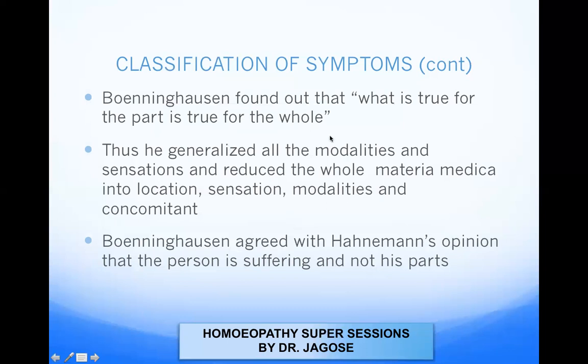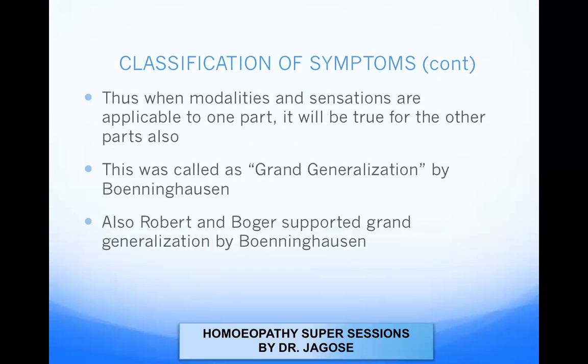So in this way, the incomplete symptoms became complete and the obstacle to cure was removed, and you could also prescribe the similar. Thus, when the modality and sensation are applicable to one part, it will be true for the other parts also. If a sensation is absent in one part but present in other parts, that can be transferred to a general level and applied to the part where the sensation was not there. This is known as the grand generalization by Boenninghausen.